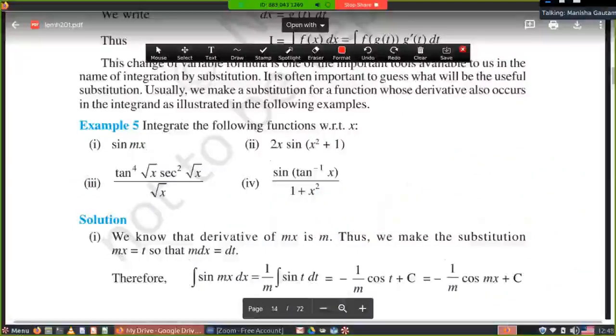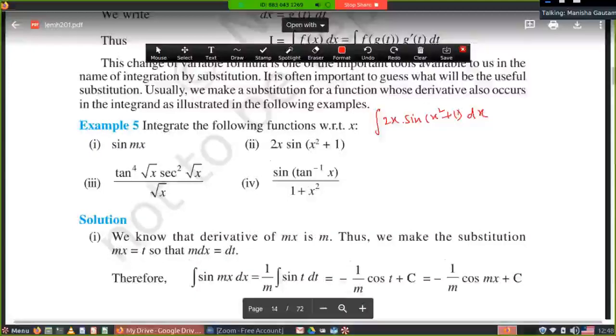Now, in the second part, let's see the question. Example 5, part 2: integration of 2x sin(x square plus 1) with respect to x. Now you have to search for the function and its derivative. Both are in the question. You have to find out which one is the function and which is its derivative.